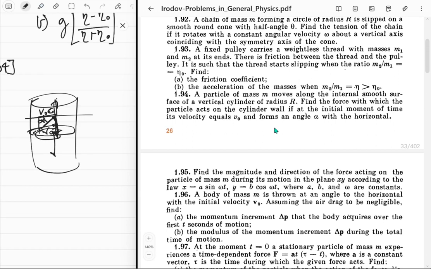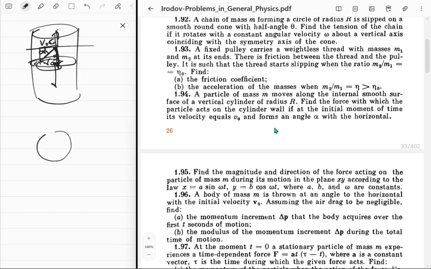Usually it's translating in one plane and rotating in the same plane, but in this case it's translating in one plane and rotating in some other plane. Still, nothing much is happening, so we can still do this.